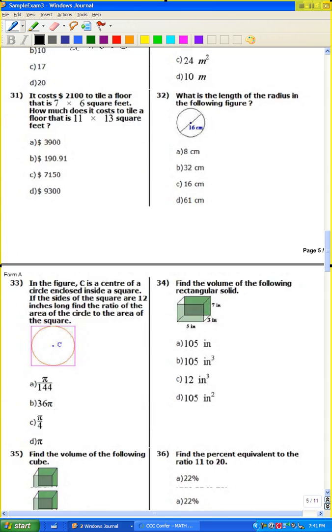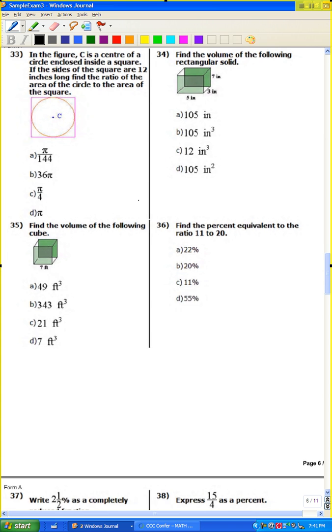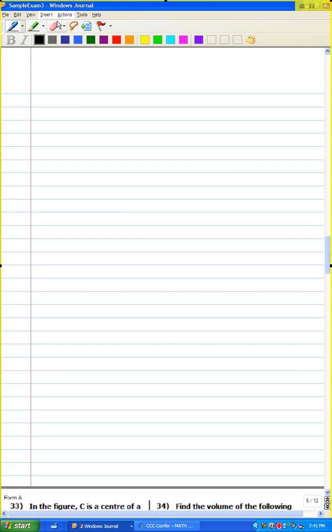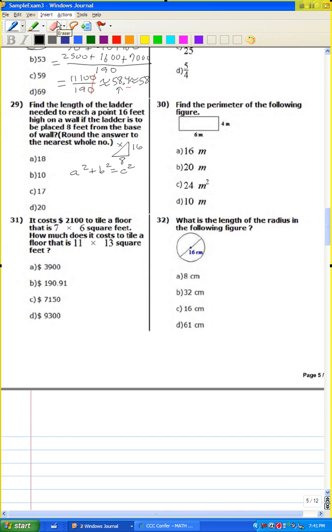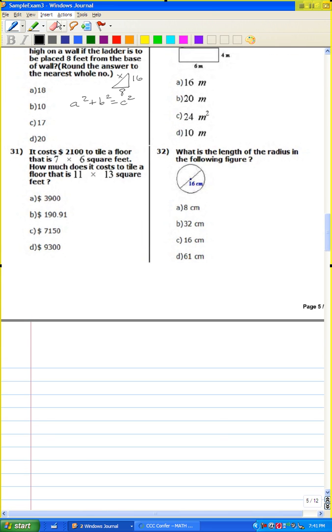Okay, so why don't I include another page? Okay, so let me include I can draw this a little bit bigger then.